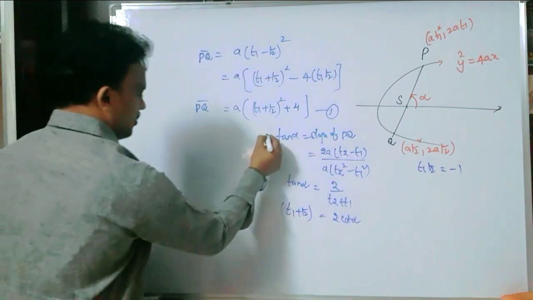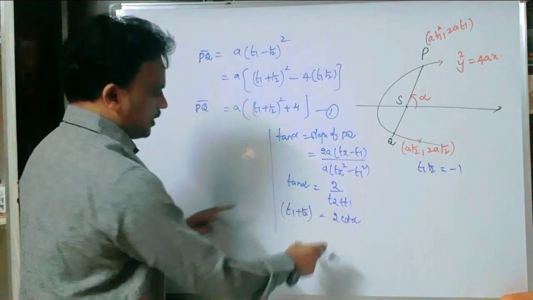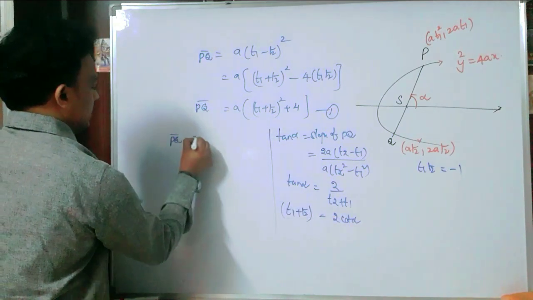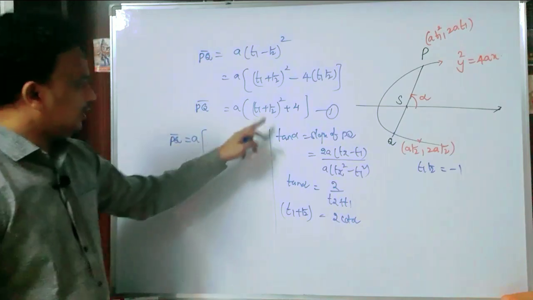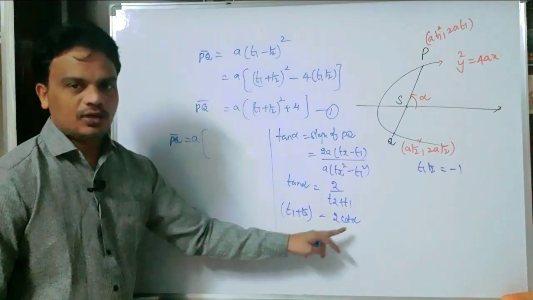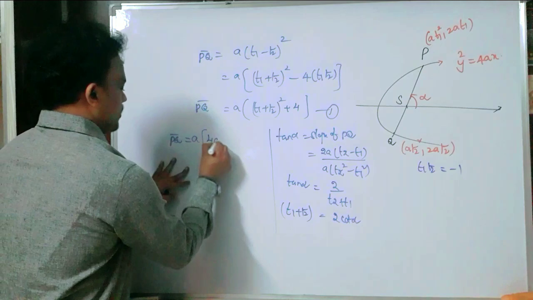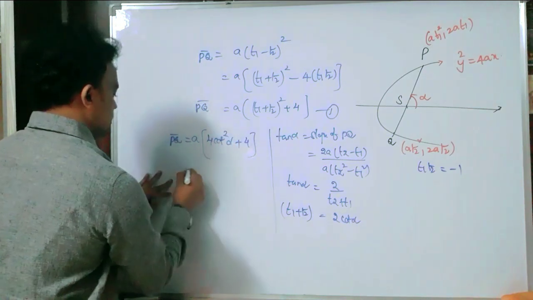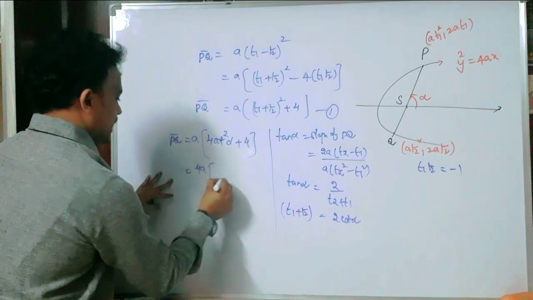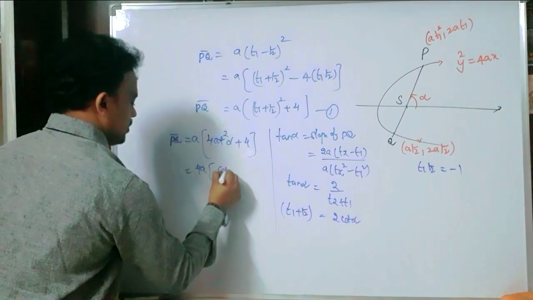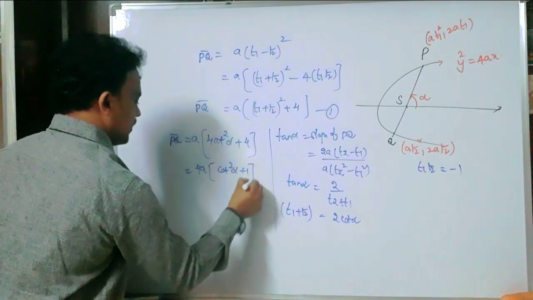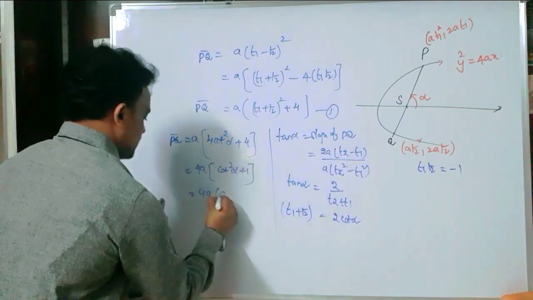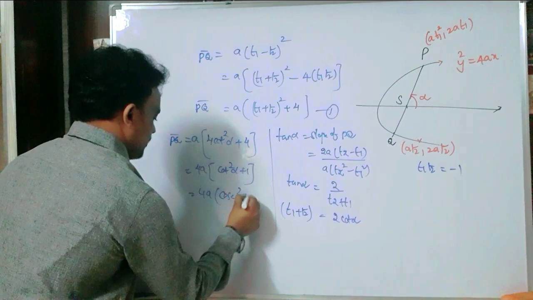Yes, come on. So, please substitute this t1 plus t2 value. Then what is the length of PQ in that case? A of (t1 plus t2) whole square, which is 4 cot square alpha plus 4. Please take 4 common, and a is there. So, which is 4a of (1 plus cot square alpha), which is nothing but cosecant square alpha.